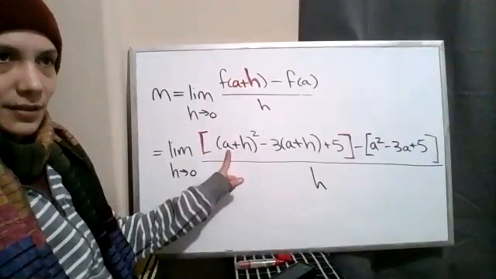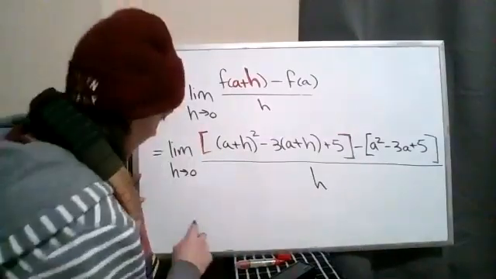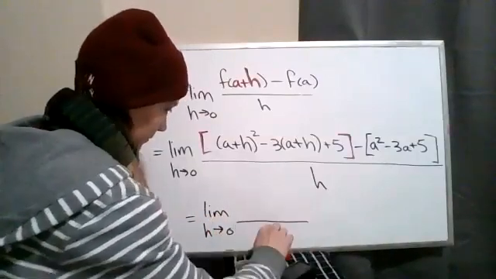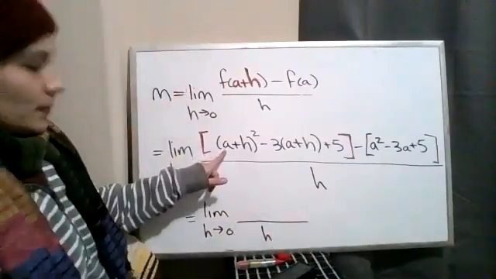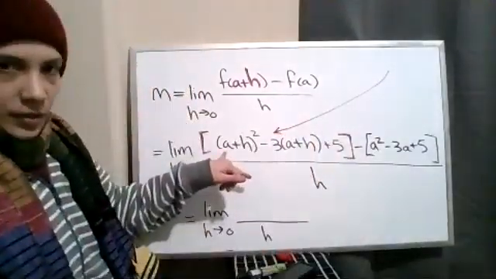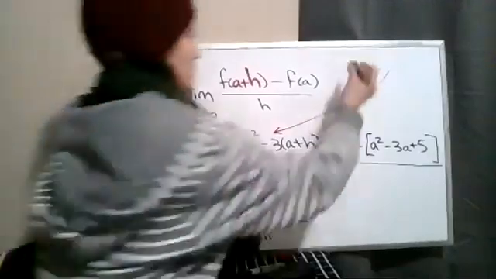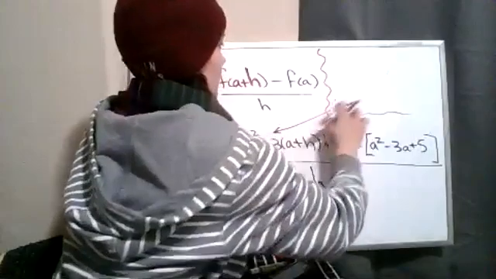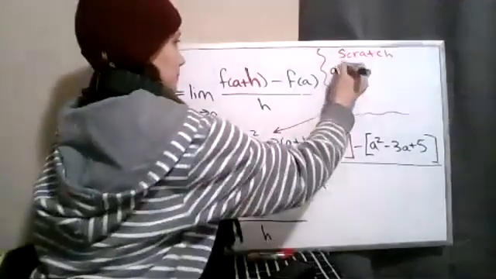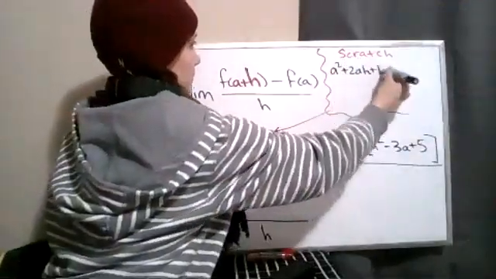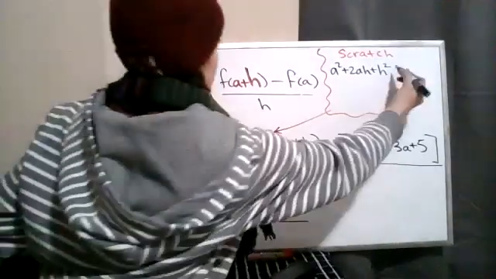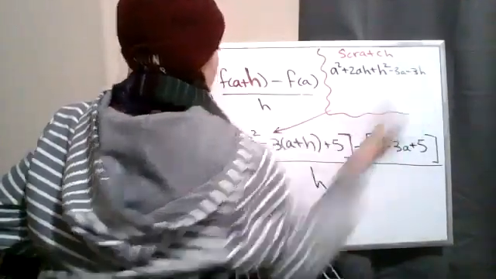Let's do scratch work from here to here. Okay. A squared plus 2ah plus h squared, minus 3a minus 3h plus 5.